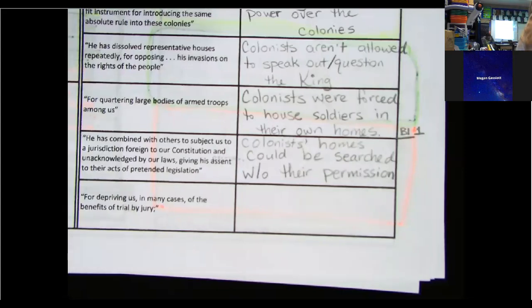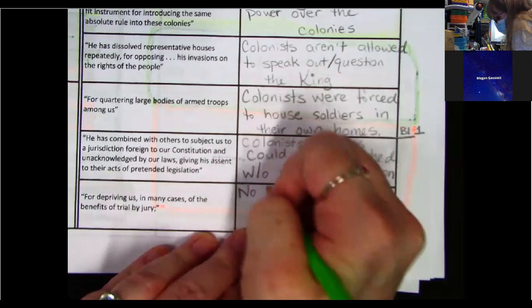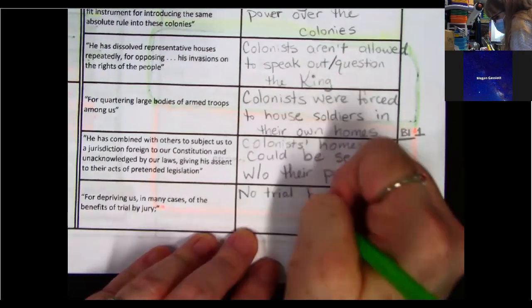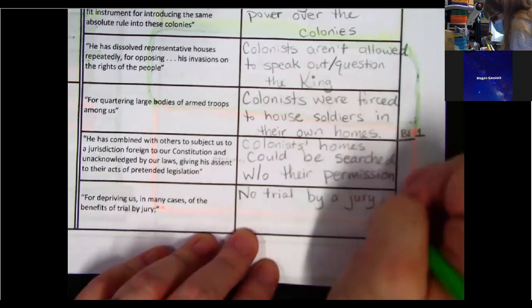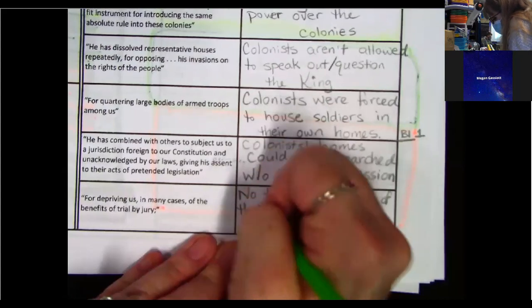Okay. So no trial by a jury of their peers. What is a peer?